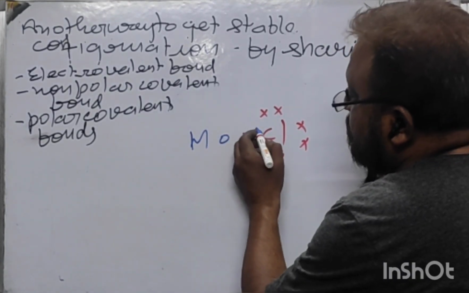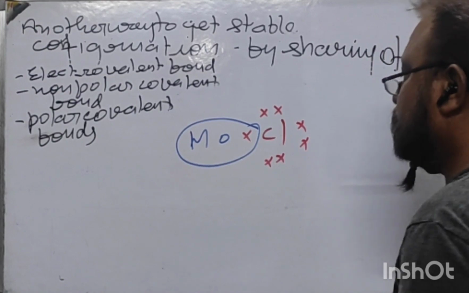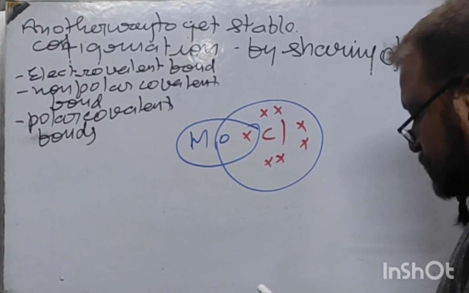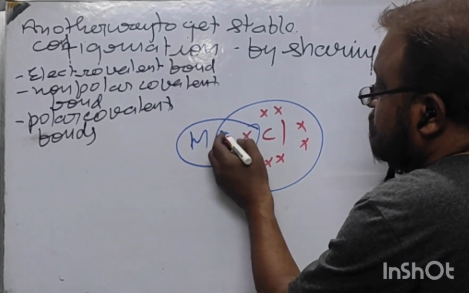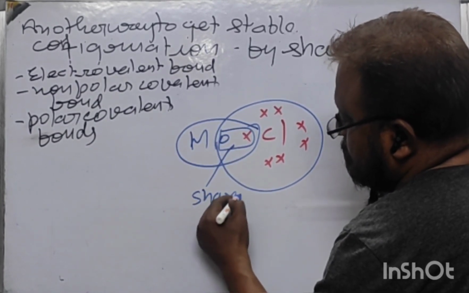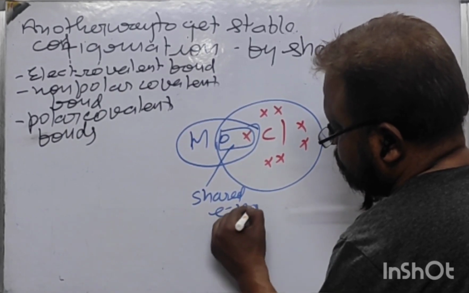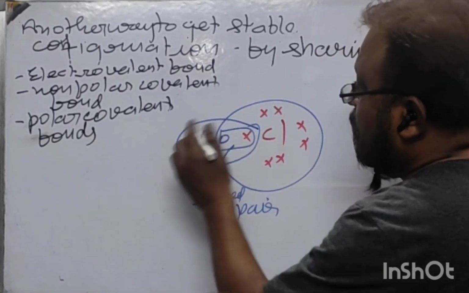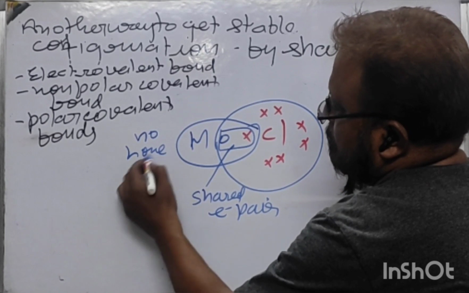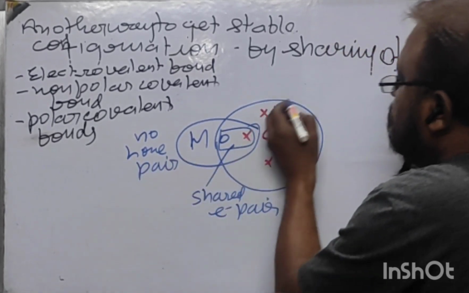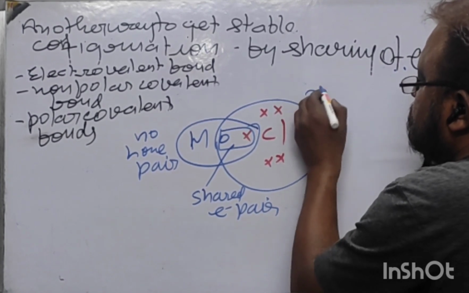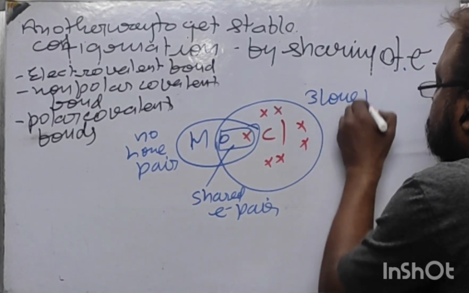So hydrogen takes 1 electron and gets stable. Chlorine takes 1 electron with hydrogen and is stable. Right. This is a shared electron pair. So hydrogen has no lone pair, and chlorine has 3 lone pairs. Right.